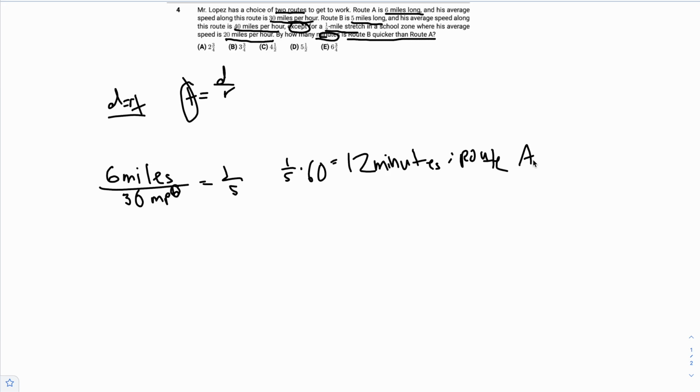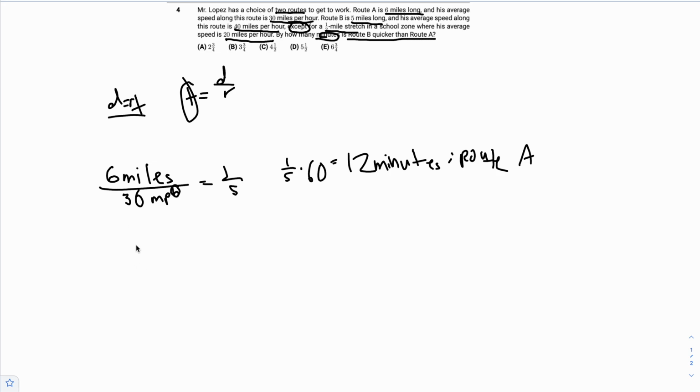Now we need to calculate Route B. Route B is 5 miles long, with an exception of a half-mile stretch in a school zone where his average speed is 20 miles per hour. We can use the same concept of time equals distance over rate to find the number of minutes Route B takes. So 4.5 miles he's going at 40 miles per hour.